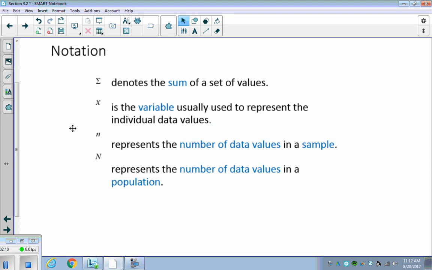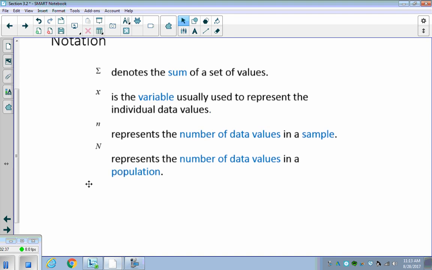The x is the variable that is used to represent each individual data point. N is the number of data values in a sample. If it's little n, that's telling you it's a sample. If it's big N, that's telling you it's a population.